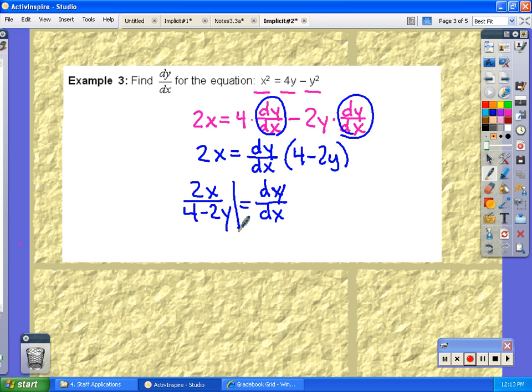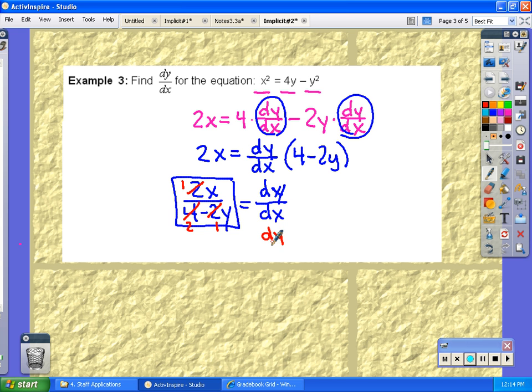Now this is not completely simplified, so what you want to do is to take out a value of 2, since that's what the common factor is. You would say 2 goes into itself once, into 4 twice, and into 2 once. You need to be able to take the factor out of everything.